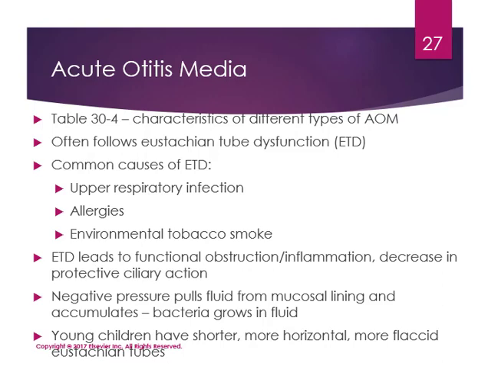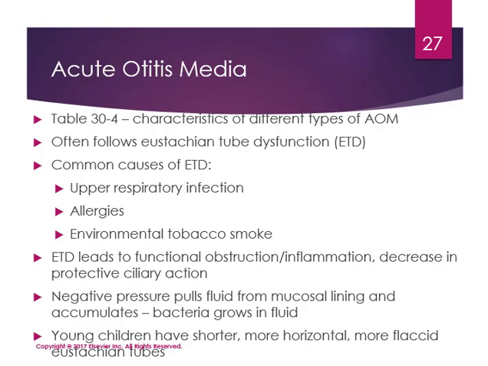And then also with otitis media, you can see eustachian tube dysfunction. Common causes of that include upper respiratory infection, allergies, and exposure to smoke. With that tube dysfunction, you can have a functional obstruction or swelling in that area, and that decreases the ciliary action that is protective of that ear canal.